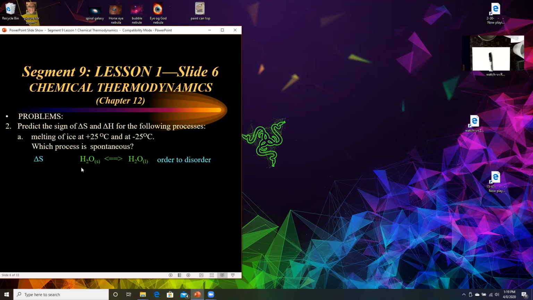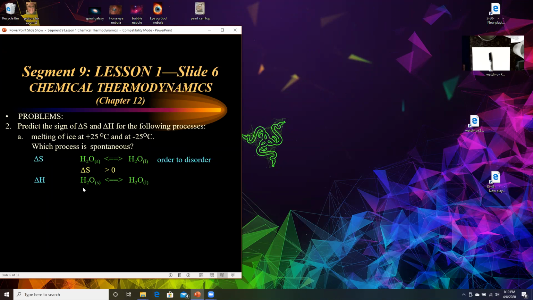So we've got a very ordered pattern here, a very disordered pattern here. So entropy is going from order to disorder. So that is greater than 0. And by our little second point, it would predict spontaneity in that direction.